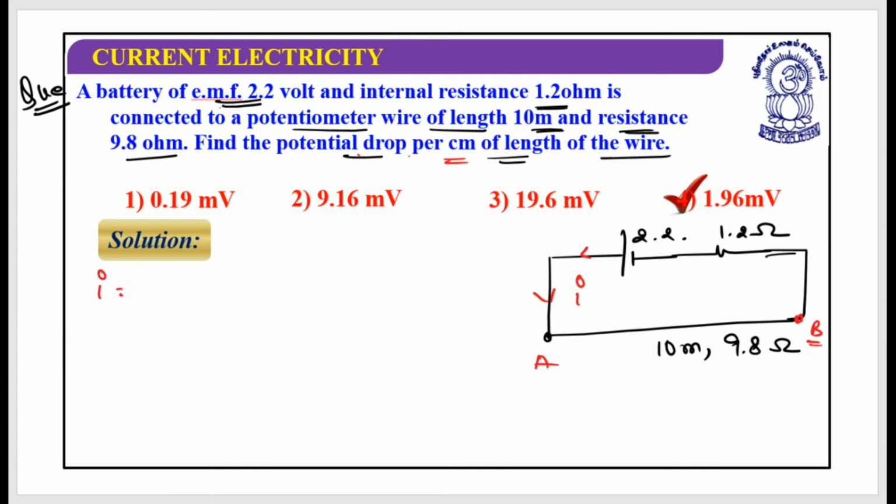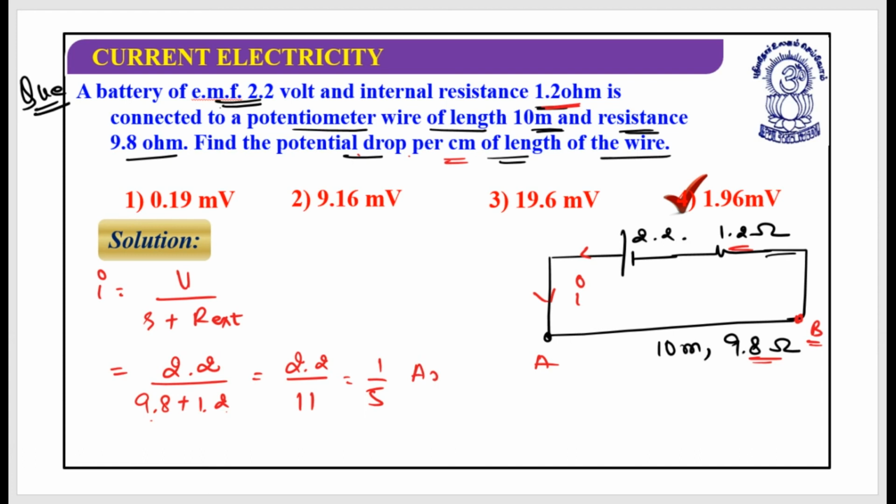Current is V divided by internal resistance plus external resistance: 2.2 divided by 9.8 plus 1.2 ohm, which is 2.2 divided by 11, which is 1 by 5 ampere, or 0.2 ampere. This is the current passing through this.